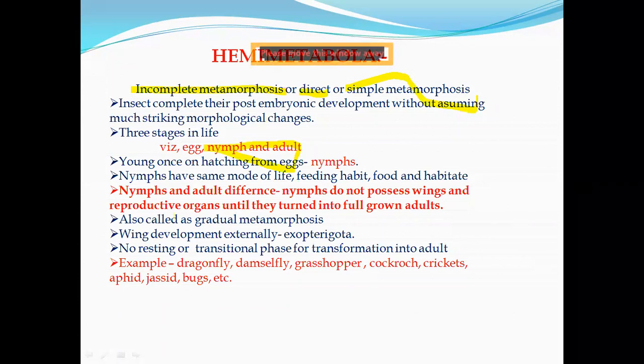First, let's see the young one. If we look at the young one, after hatching from the egg, it's called a nymph. Young one, it is called a nymph. Okay, and nymph, naiad, wriggler also. I'm talking about the different names.